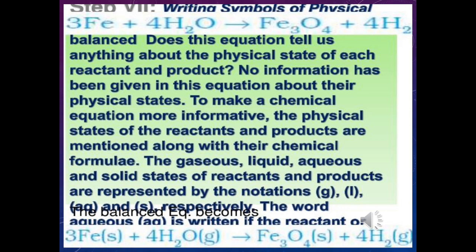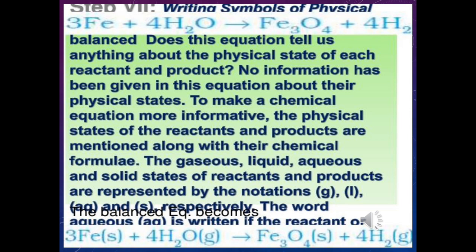Step 7. Writing symbols of physical states of elements and compounds. Does this equation tell anything about the physical state of each reactant or product? No, no information has been given in this equation about their physical states. To make a chemical equation more informative, the physical states of the reactants and products are mentioned along with their chemical formulae.